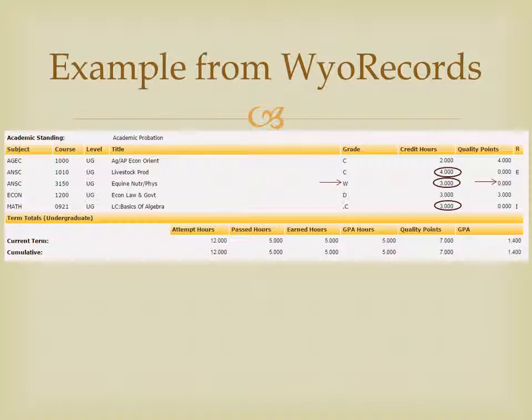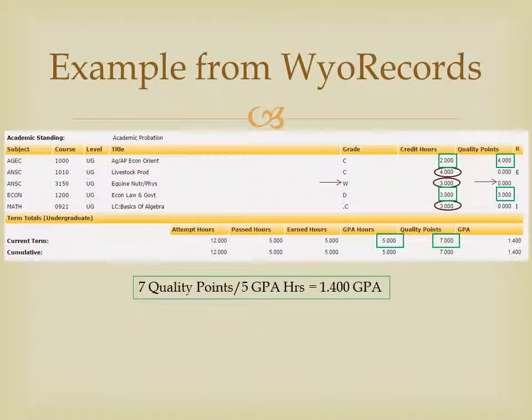So if we look, the grade point average is just made up of the ones highlighted in green. The 2 credits for the Ag Econ 1000 course, the 3 credits for the Econ 1200 course. And so if we look down there and we see 5 GPA hours, 7 quality points, that's our grade point average.